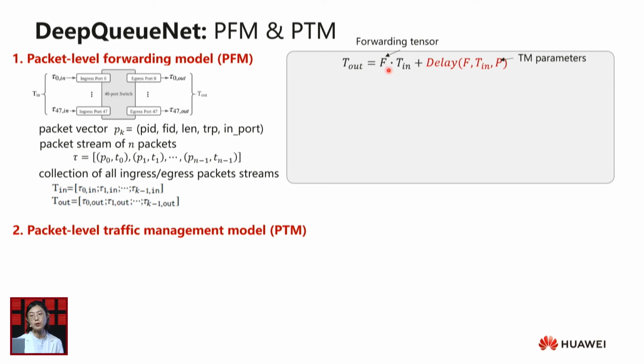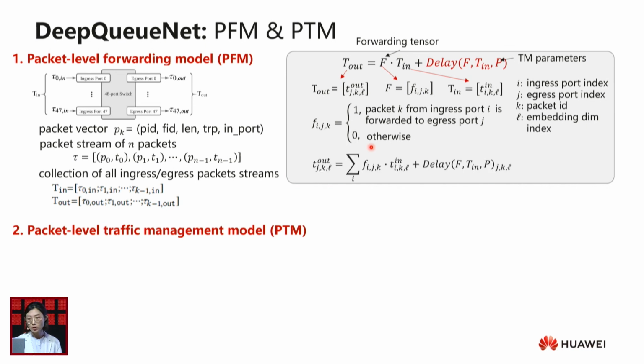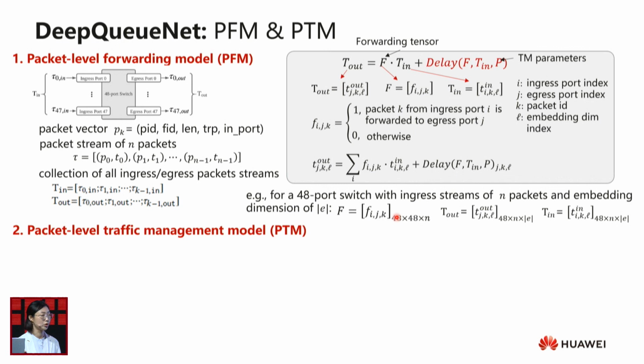It is the PFM, and F is what we call the forwarding tensor. All three of these are third-order tensors, and F is a binary tensor. When F_ijk equals 1, it means packet k from ingress port i is forwarded to egress port j. Otherwise, it is 0. This is the element-wise expression of their relationship. And here is an example to show the order of the tensors in a more concrete case.